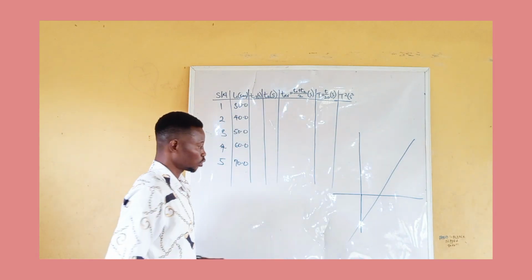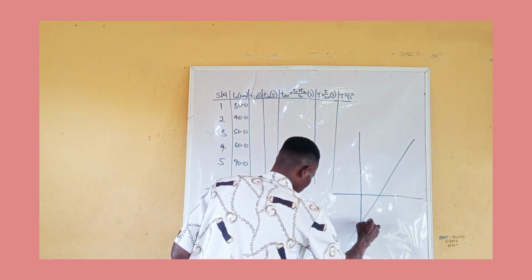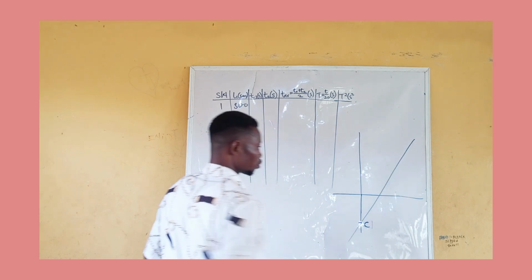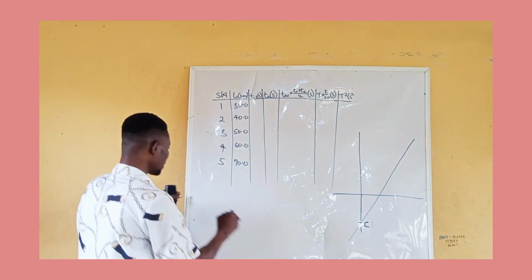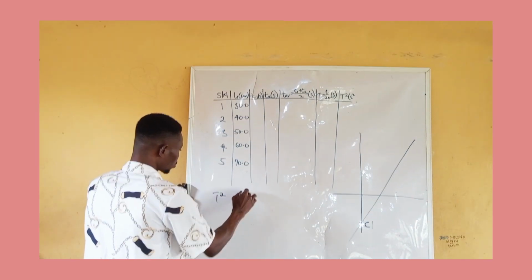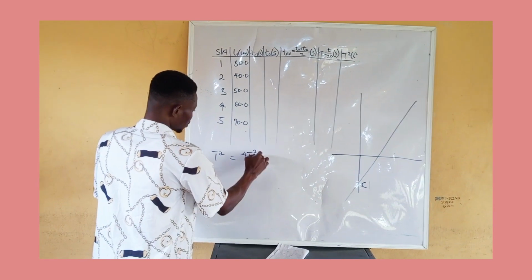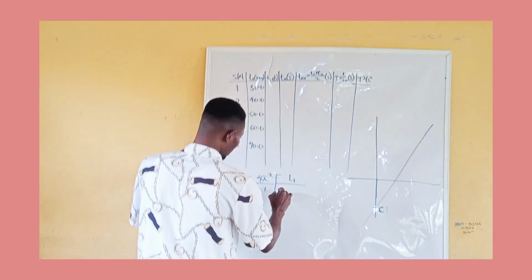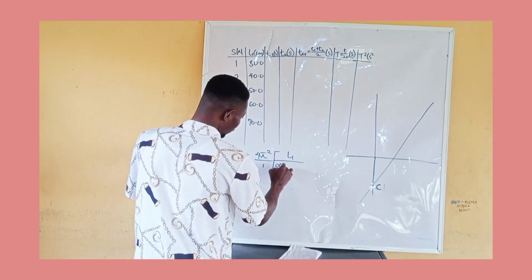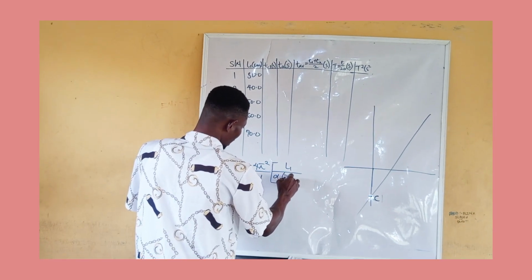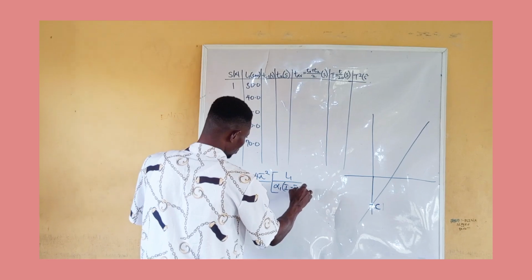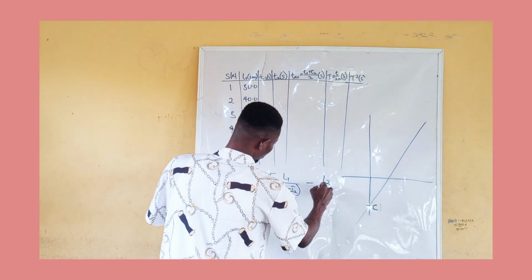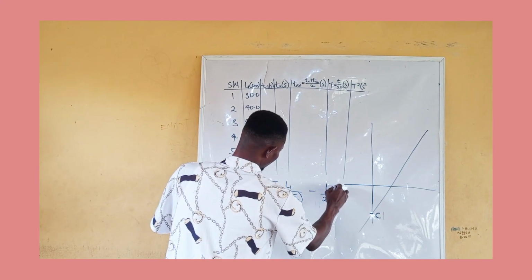From this graph, you have a negative intercept C. And if you check the equation I wrote before, I said T squared is equal to 4 pi squared all over 1 into L1 all over alpha 1 into I1 minus I2 minus L2 into 2 alpha 2.